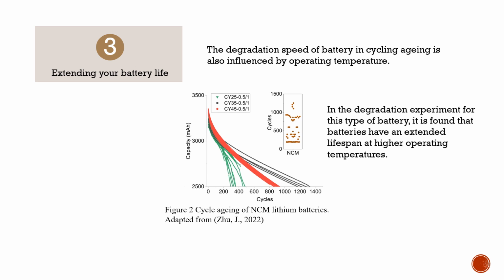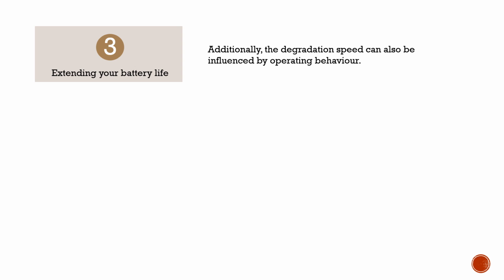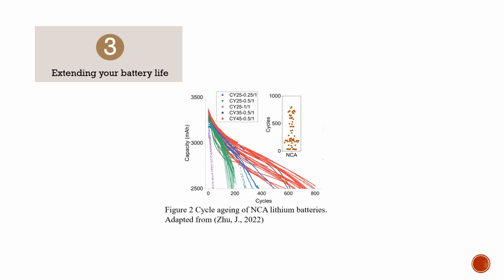In the degradation experiment for this type of battery, it is found that the battery has an extended lifespan at higher operating temperatures. Additionally, the charging rate can also influence the battery's degradation.